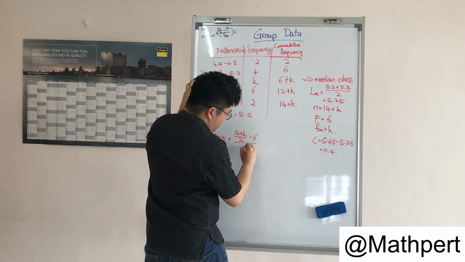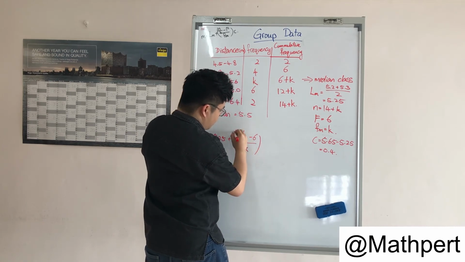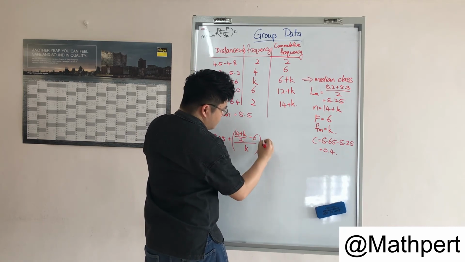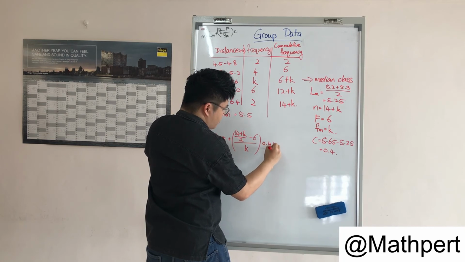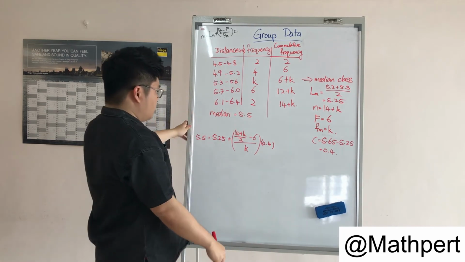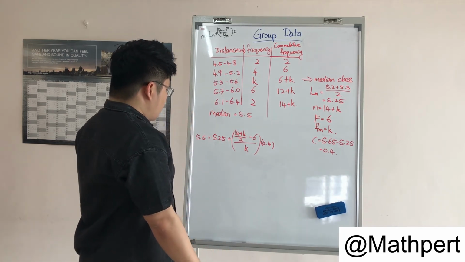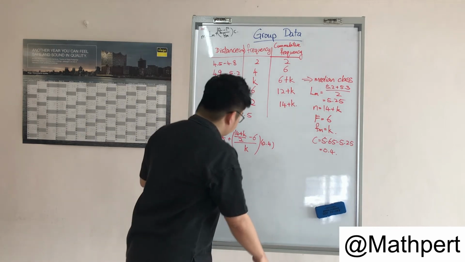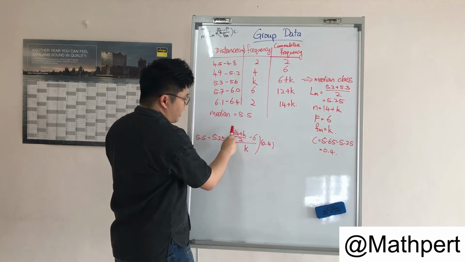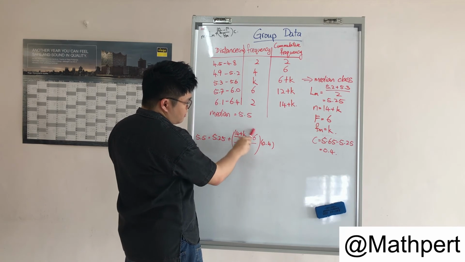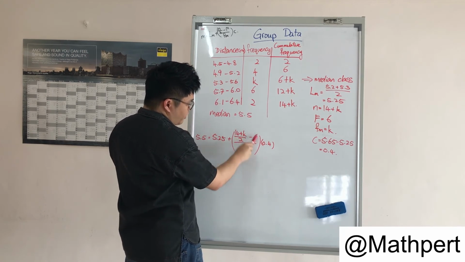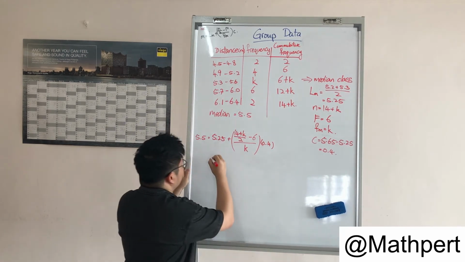FM is K. Then the class size, 0.4. Okay, then we handle the numerator over here first.